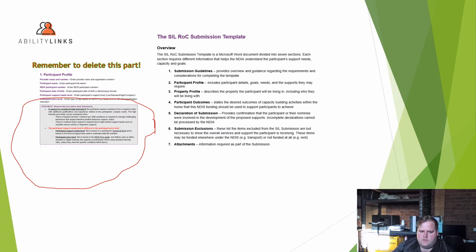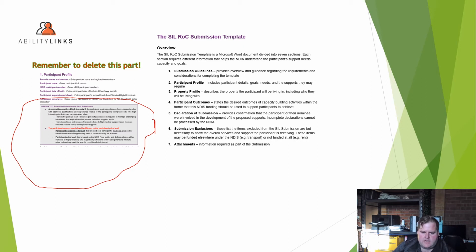And then we've got our declaration of submissions. This is the part where the participant or the nominee signs just to confirm that they're involved in developing the ROC, and our submission exclusions, which outlines the things that aren't included in the SIL submission but are funded by either the participant or somewhere else under the NDIS, or funded through another government program.